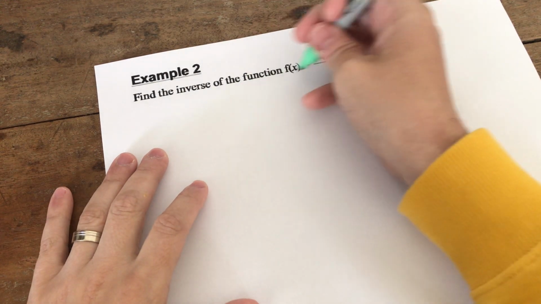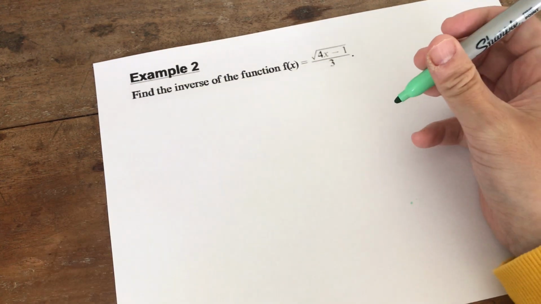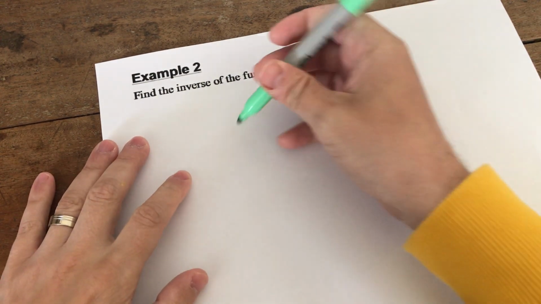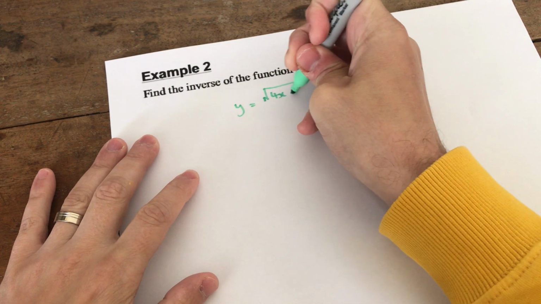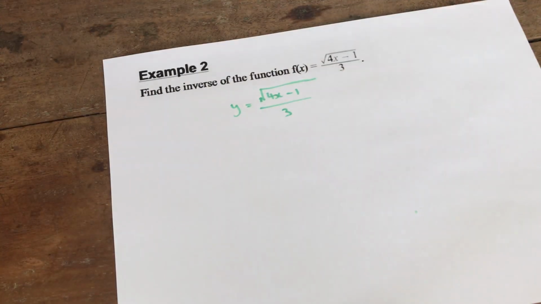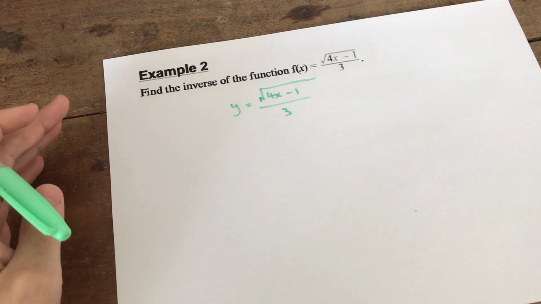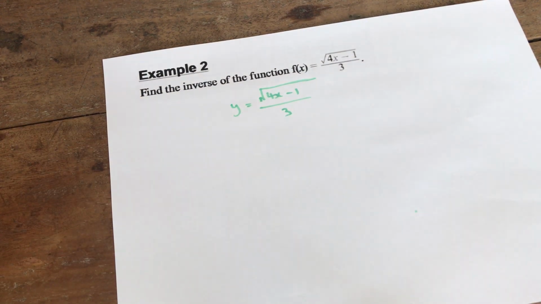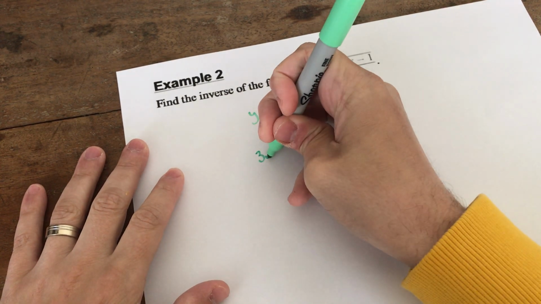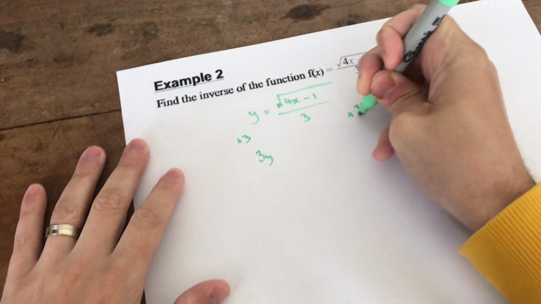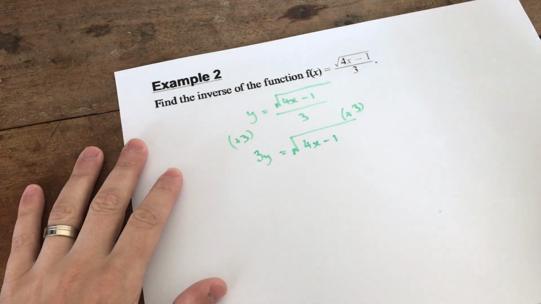Again, we've got f(x) equals the square root of 4x minus 1 all over 3. To start off, I'm going to swap that for y, so y equals the square root of 4x minus 1 all over 3. Now I want to start rearranging to make x the subject. I'm going to multiply this by 3 to get rid of the fraction, and I get 3y equals the square root of 4x minus 1.